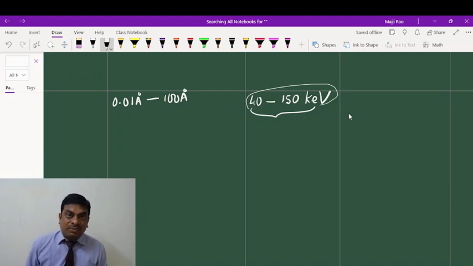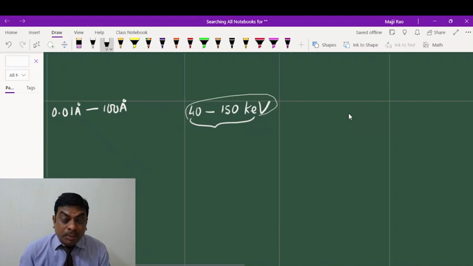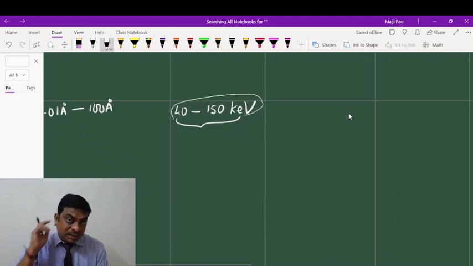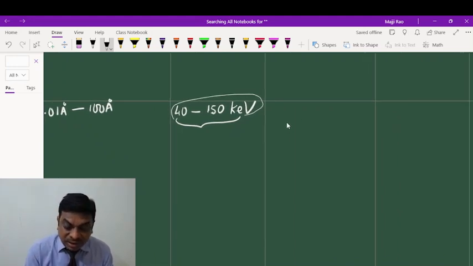We have primary X-rays, secondary X-rays, all those things I'll cover in some other video. So when fast moving electrons are stopped by heavy metal atoms, X-rays are generated.